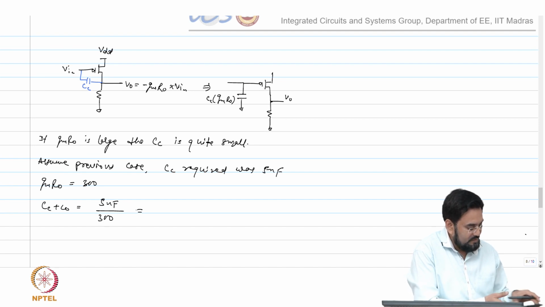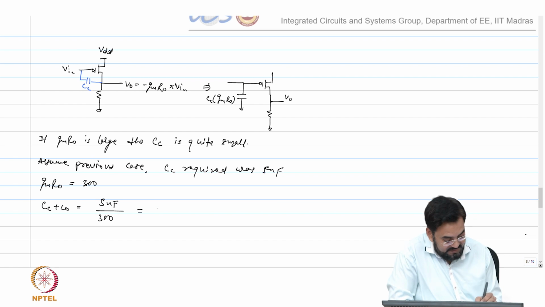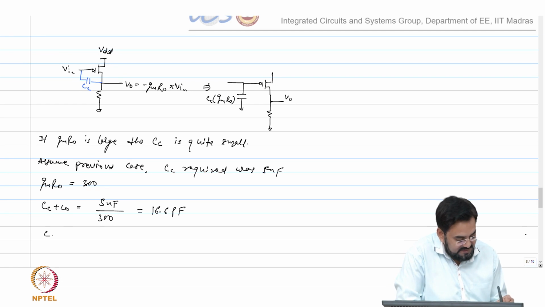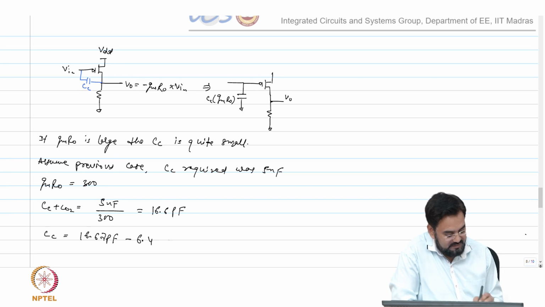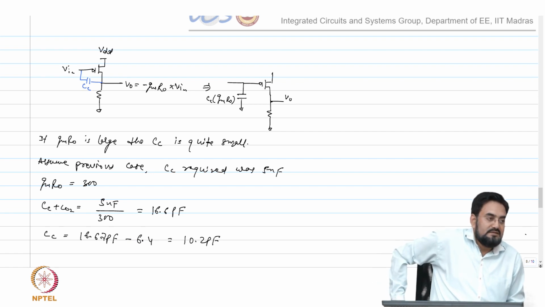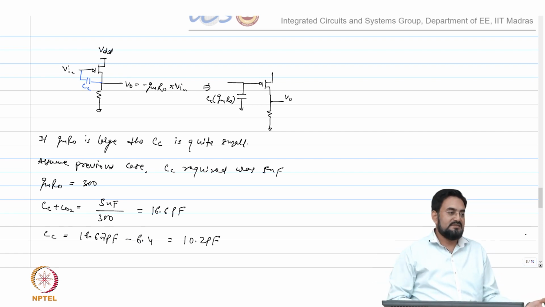So 16 picos, 16.6, and which means CC is minus 6.4 we had, so which makes 10.2 picofarad. 10.2 picofarad is very small.